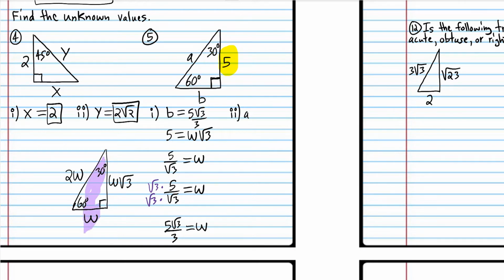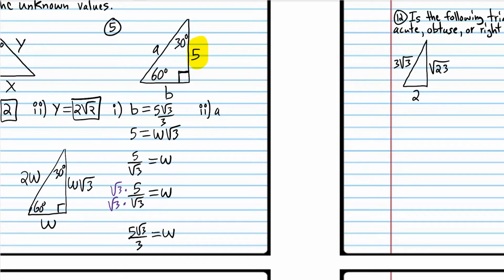So B is W, but we just found what W is down here. And this side, the hypotenuse, is just 2 times W. So we just take this expression here and multiply it by 2.